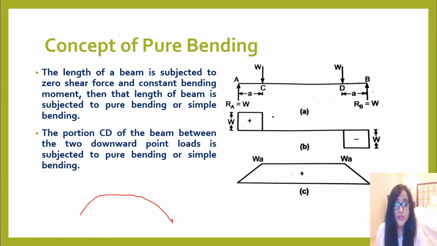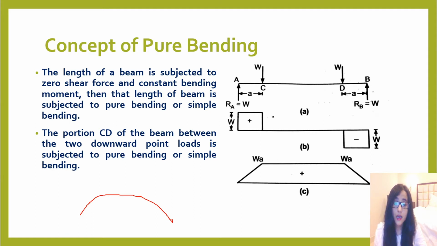So a beam subjected to pure bending has only normal stresses of tensile or compressive nature set up in it. Whenever a beam is subjected to pure bending, only normal stresses are produced, normal stresses of either tensile or compressive nature, depending upon what kind of load is acting.